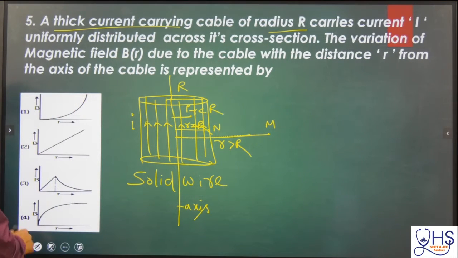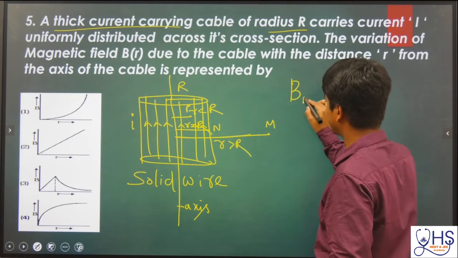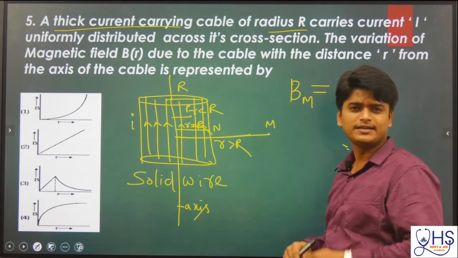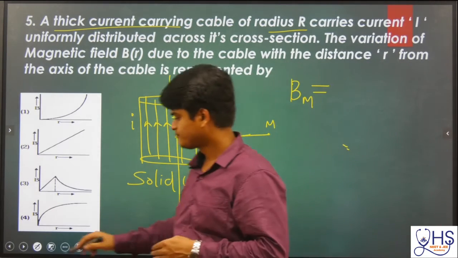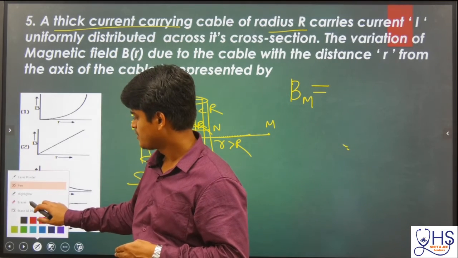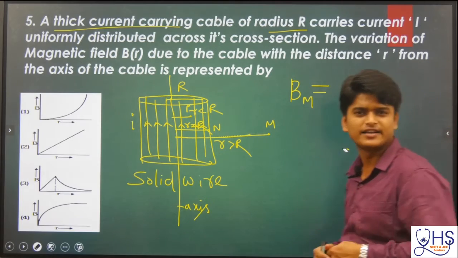Now here we need to find the graph which correctly represents it; 4 options are given. Listen, at point M, if I want to find the magnetic field, then by applying Ampere's law we can find the magnetic field. I am not deriving it, directly writing the formula.